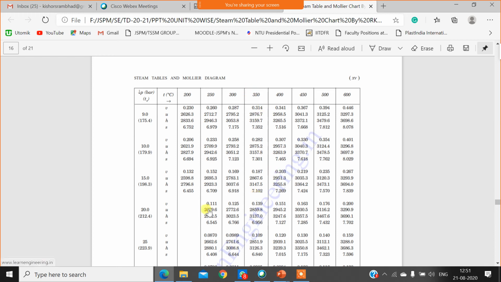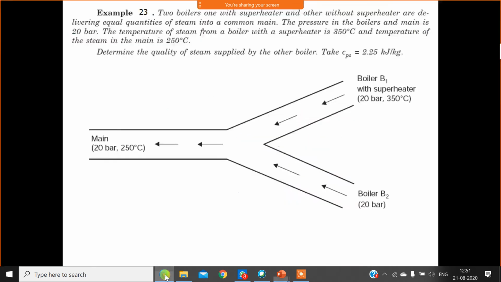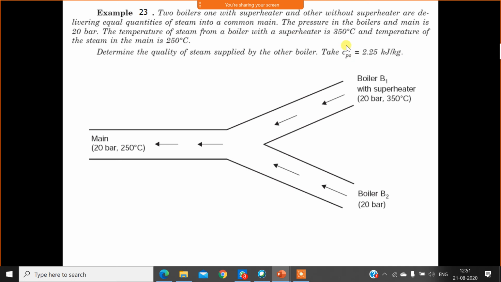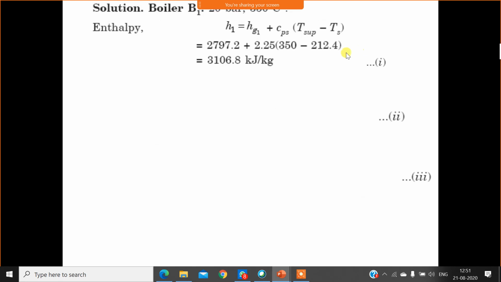At 350 it is directly given. Here we have calculated using the formula. Whenever the specific heat of superheated steam is given, we calculate using the formula. We are getting the same value.